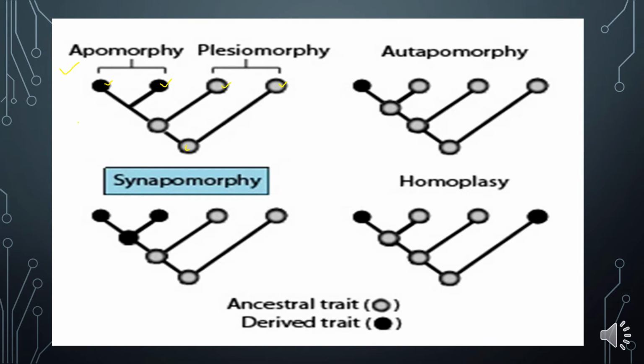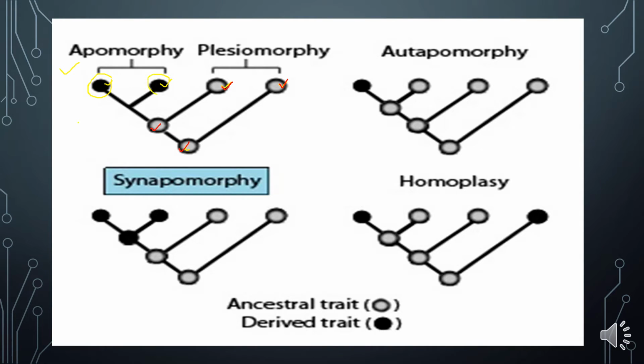These are the taxa that are bearing the ancestral character, and I'll be drawing it in another color. So these are the ancestral character bearing taxa. They have the same characteristic, and on the other hand, the things that I marked in yellow are the derived characters.